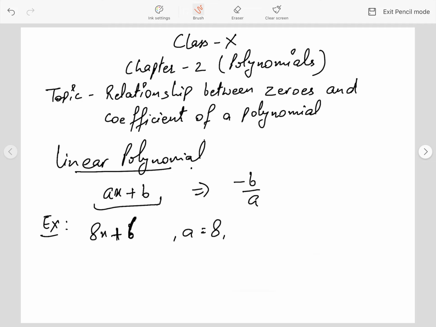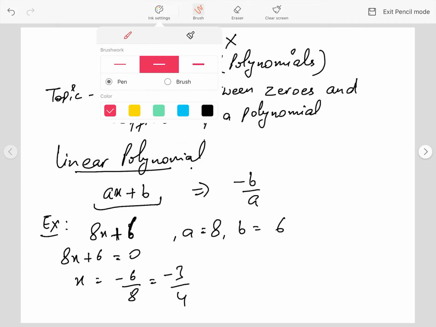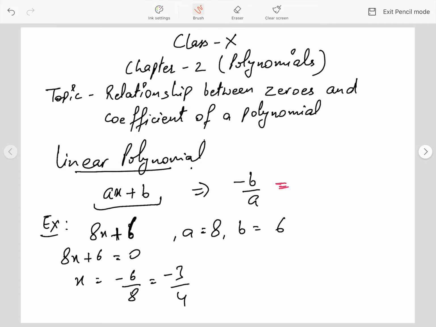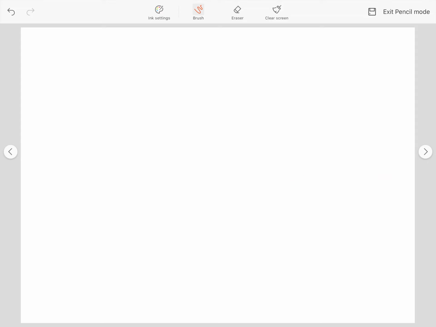When we put the polynomial equal to 0, we get the value of x as minus 6 by 8, that is equal to minus 3 by 4. So we can find this value directly by putting in the formula, minus b by a. So we can write it as minus 6 by 8, that is equal to minus 3 by 4. So that was about the linear polynomial.